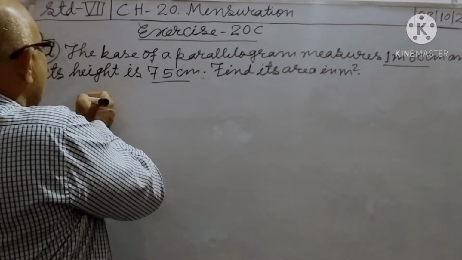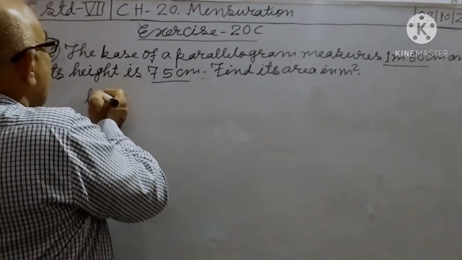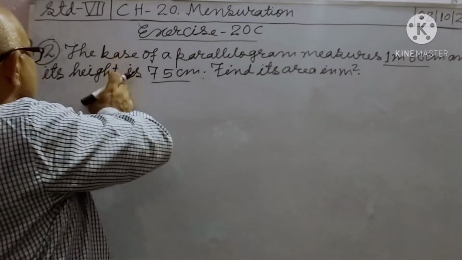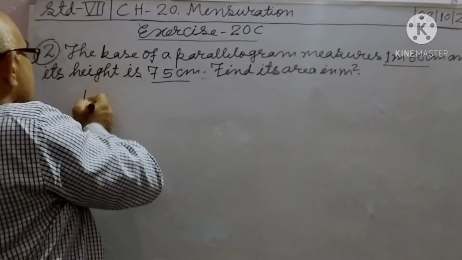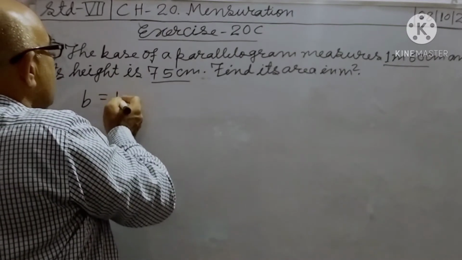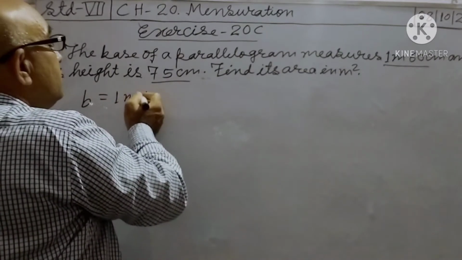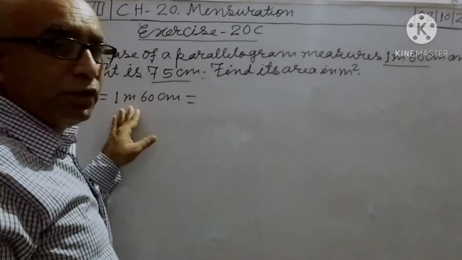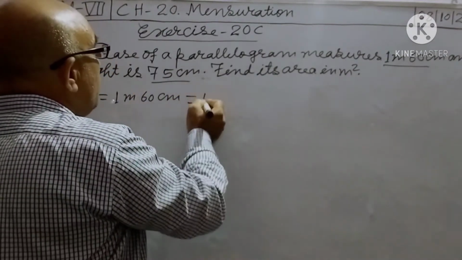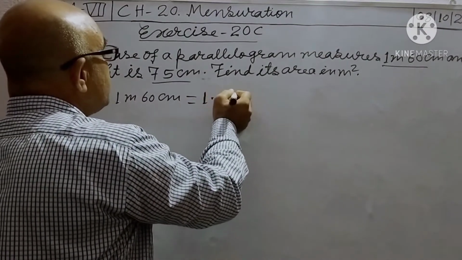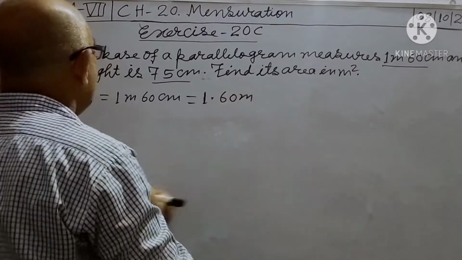Students, given length of the parallelogram, that means base of parallelogram equal to 1 meter 60 cm. Change it into meter, so 1.60 meter.